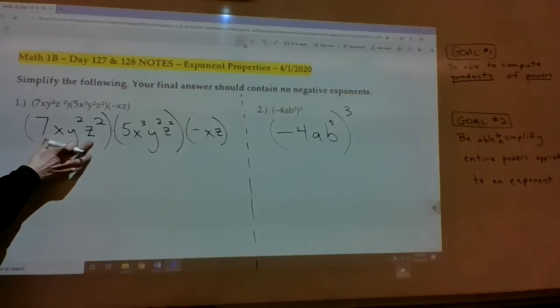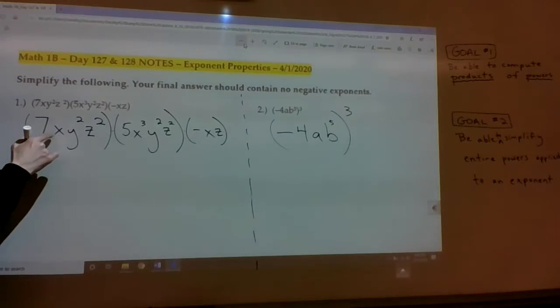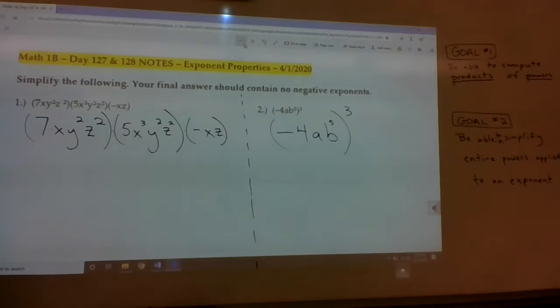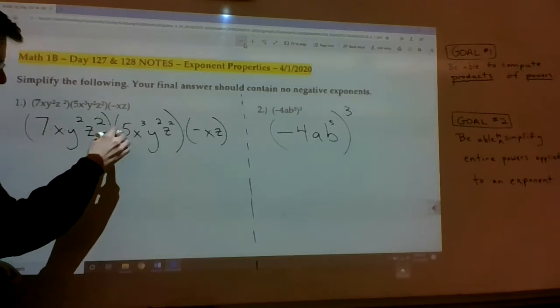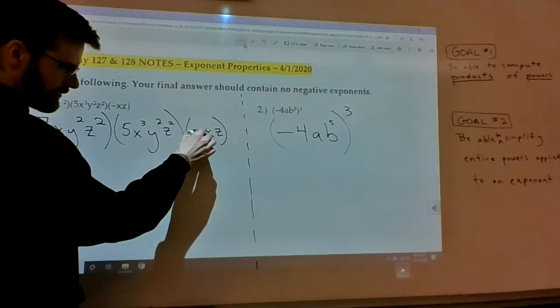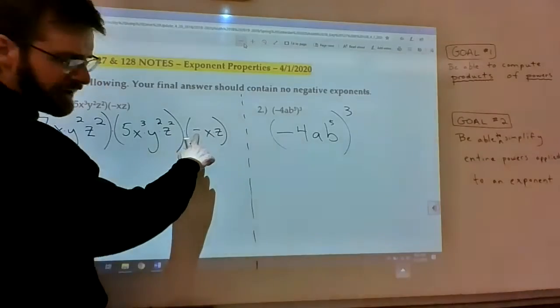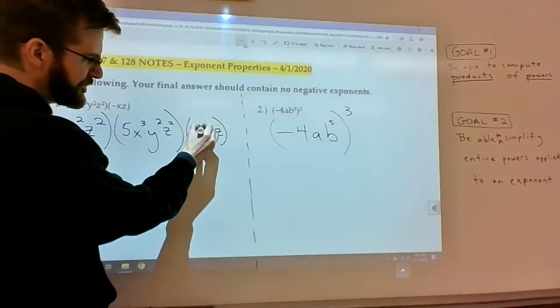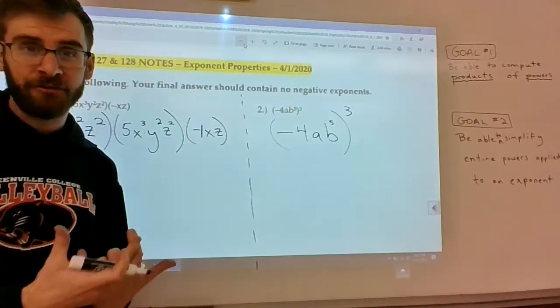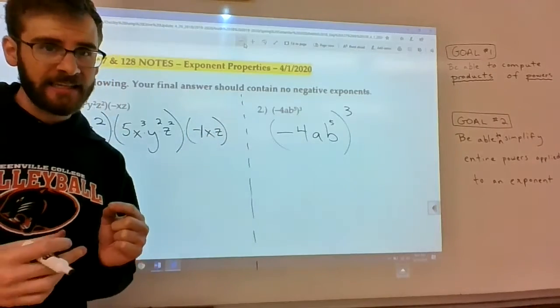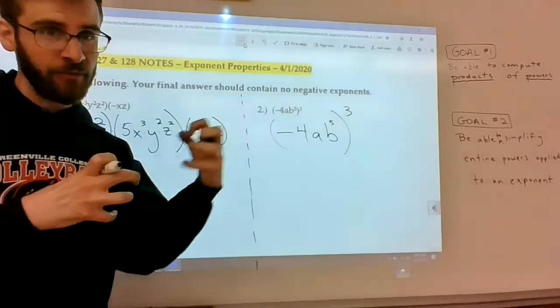And inside each of these groups, when you put 7 side by side with an x, it's implied that there's multiplication there too. So really what we have is just a giant string of multiplication. By the way, if you ever see a negative out front, just make it a number 1 to avoid confusion, because it really means negative 1 times xz, not x to the negative 1 power.